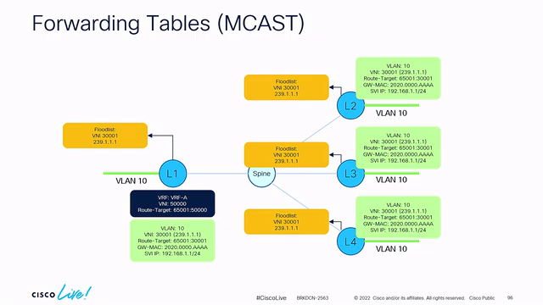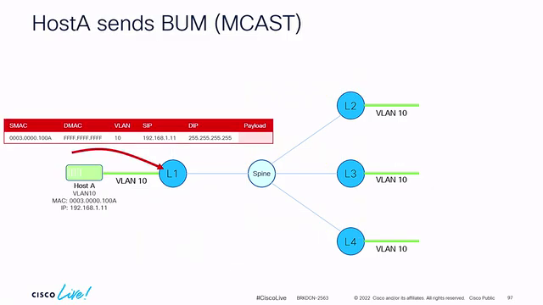I don't want to care about it as my leaf 1. So when we do this in a very simplified way, leaf 1 is the source of a tree, leaf 2 is a source of a tree, leaf 3 is a source of a tree, leaf 4 is a source of a tree. Because all of them could send a BUM packet, right? So in fact, it's not 1 tree, it's actually 4 trees you're having here in this case, and they are built with different sources at that point.